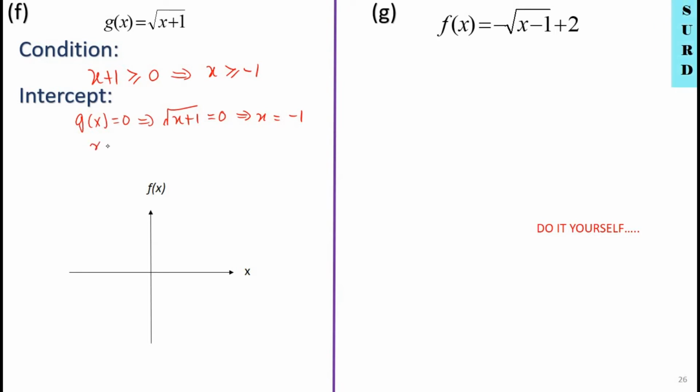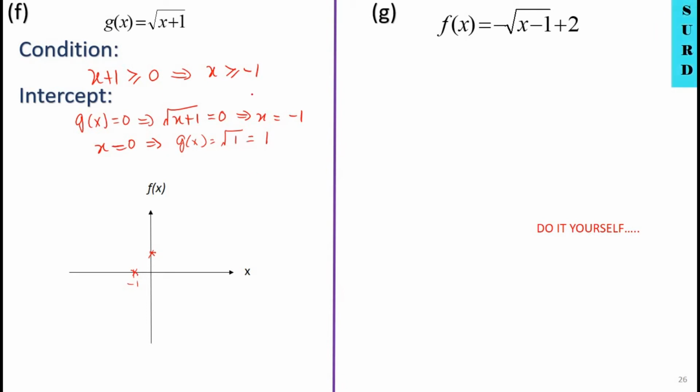If x is equal to 0, then g(x) is equal to the square root of 1, which is equal to 1. So from here you get 2 points: negative 1, 0, and 0, 1.